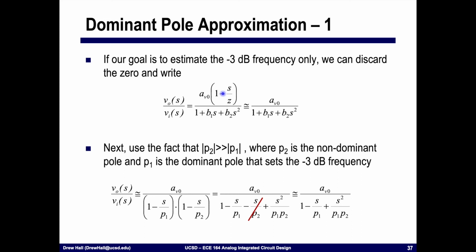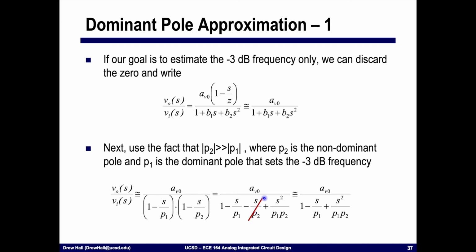The reason why this matters is if I was able to factor this, I would get an expression that looks something like this, where I had 1 minus s over p1 times 1 minus s over p2. And if I multiply that out, I would see this kind of form. Okay? Now, knowing that p2 is 10x beyond p1, I can take this term and I can throw it away.